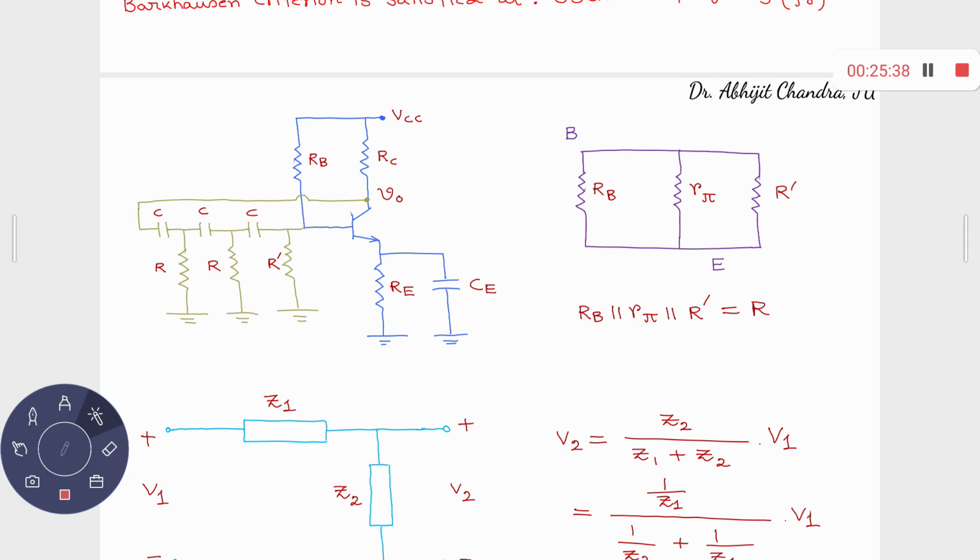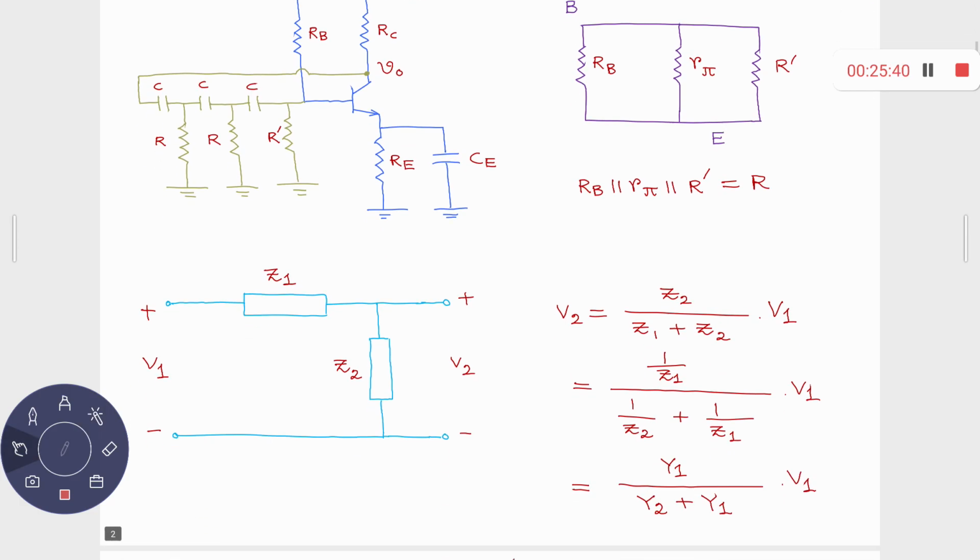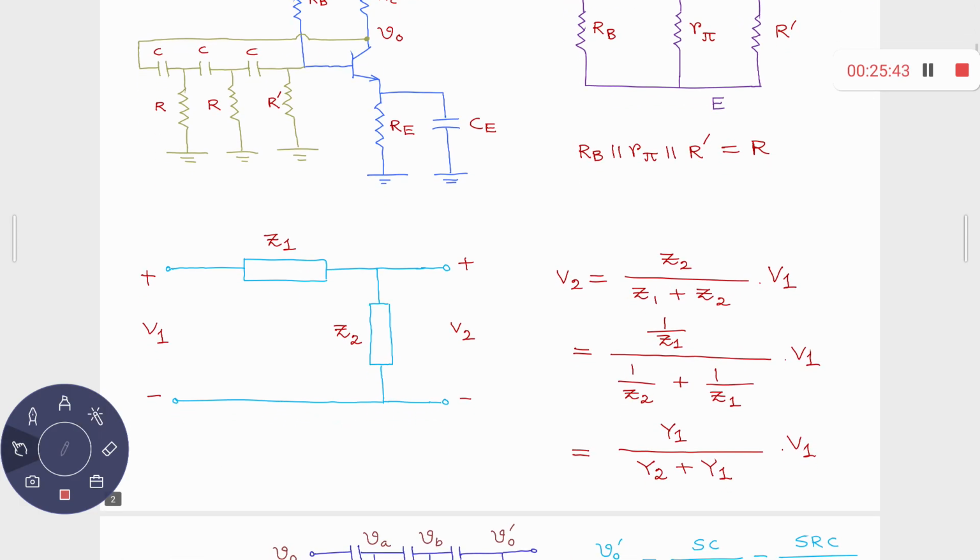Done? Okay. This one is very trivial, a well-known thing from class 11, 12 physics. V1, Z1, Z2, voltage division: Z2 by Z1 plus Z2 times V1. Why have I written it over there? Because I will utilize this concept. So this voltage is nothing but Z2 upon Z1 plus Z2 times V1.